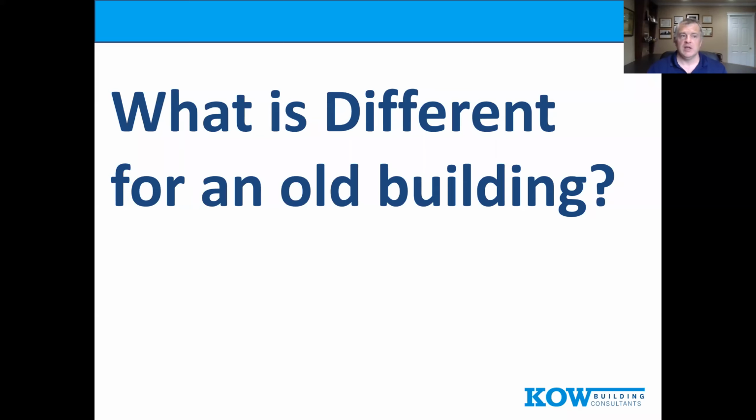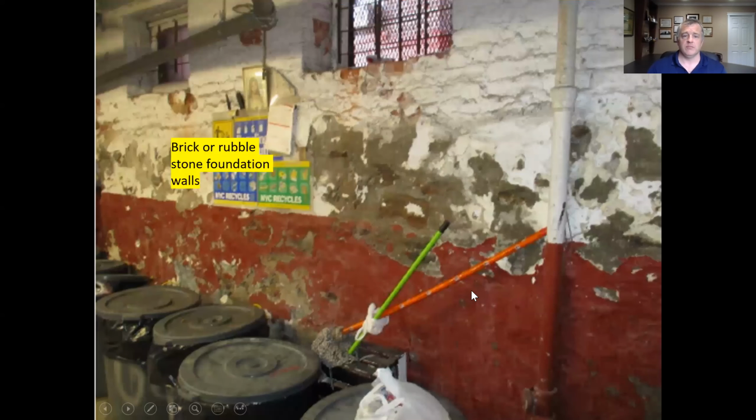Different stuff means if we walk in before the renovation happens, we're going to have to think about and consider, is that an issue? Is that something that needs to be costed or figured out? So let's go through what is different between a newly built building and a lot of these older tenement buildings.